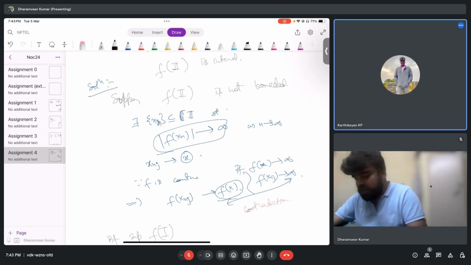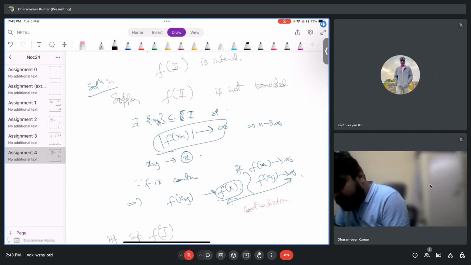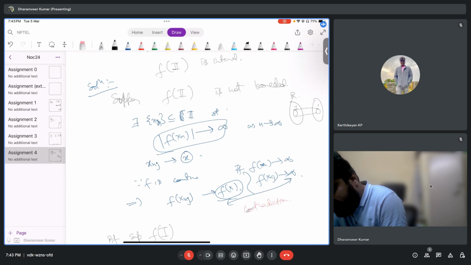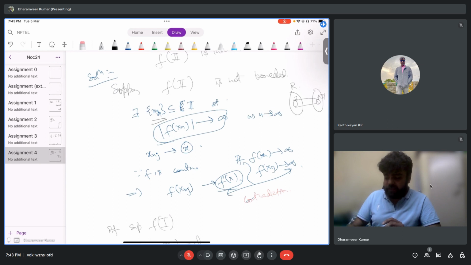So this is R. Over here there is some I, and this is some f of I. This is a sequence that is going to infinity. It will correspond to some sequence in I. For some xn, there will be some f of xn, and that will go to infinity as n goes to infinity.